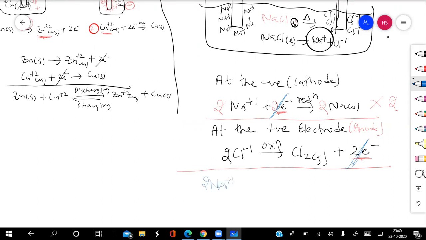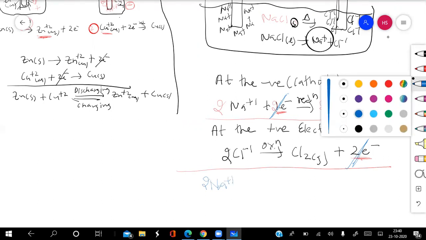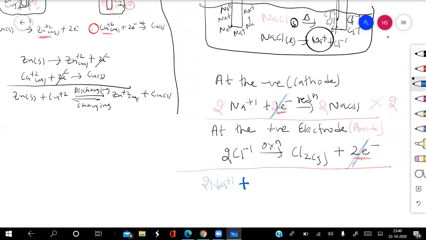2 Na+ ions plus 2 Cl- ions undergo a redox reaction, and this is the outcome. This is the product that we get.